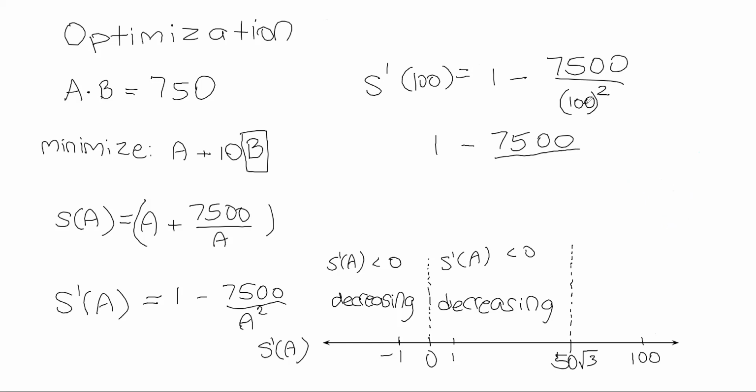This would be 100 times 100, which is 10,000. We can do a little bit of simplifying. We have a factor of 100 in the numerator and a factor of 100 in the denominator. So this simplifies to 1 minus 75 over 100, which simplifies further to 1 minus 3/4, giving us positive 1/4. So our derivative is positive in this region.